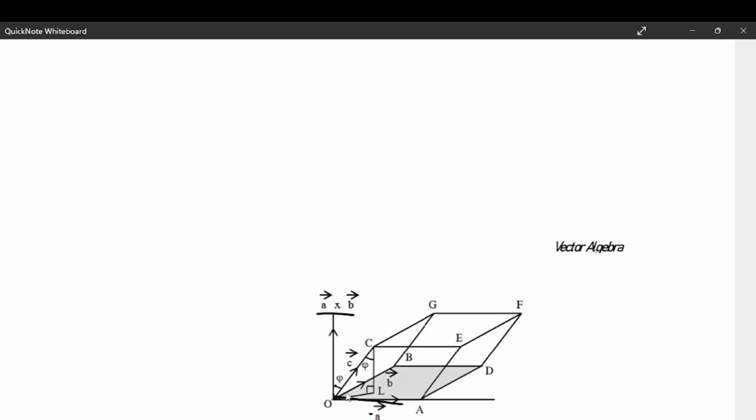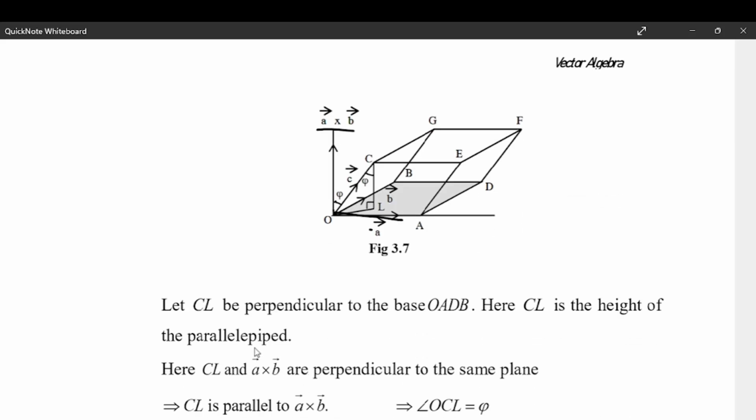Moreover, we are to let CL. Now let's check CL. CL is the height, also perpendicular to OADB. So let's look at the bottom here. OADB is the base of the parallelepiped, and CL is perpendicular to the base OADB. And for that matter, CL becomes the height of the parallelepiped.